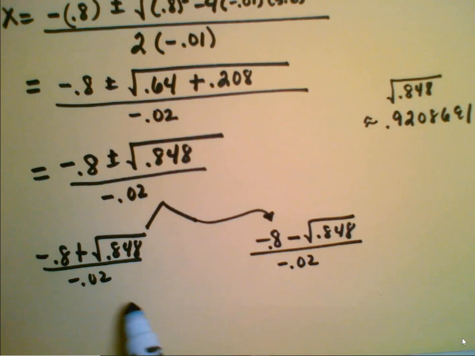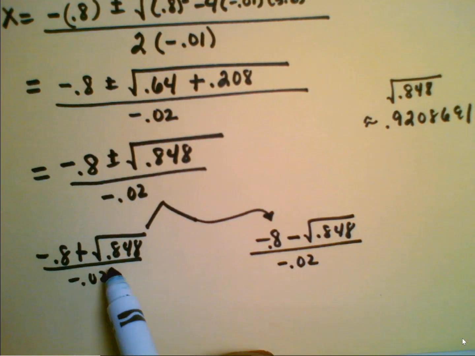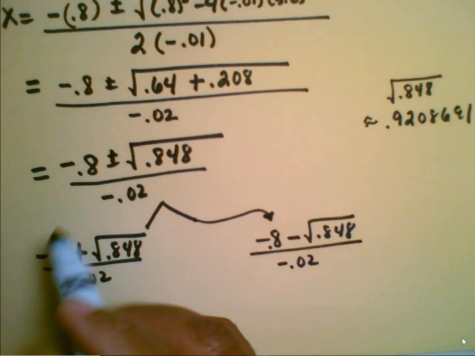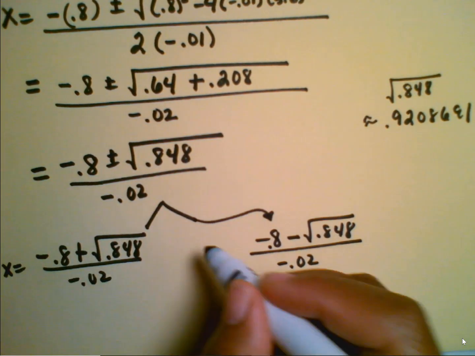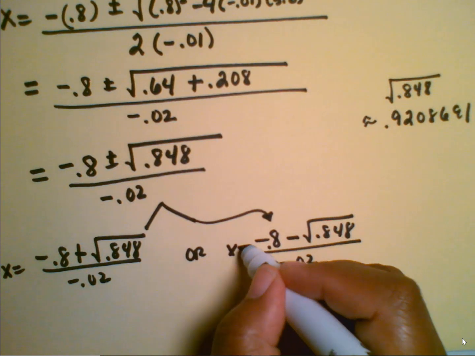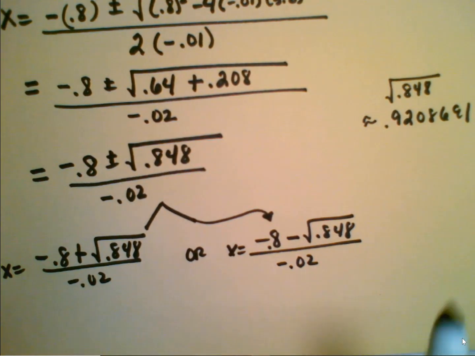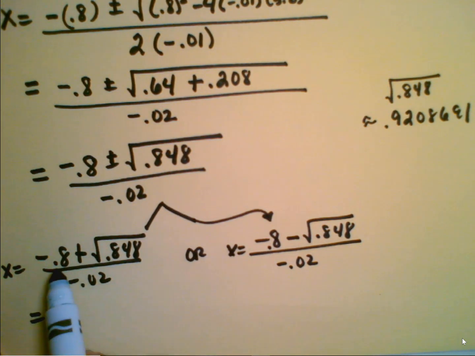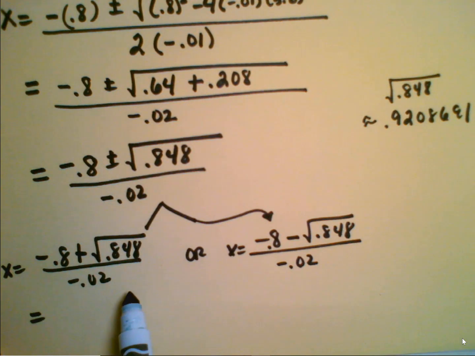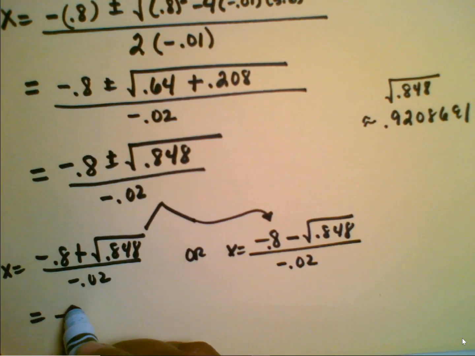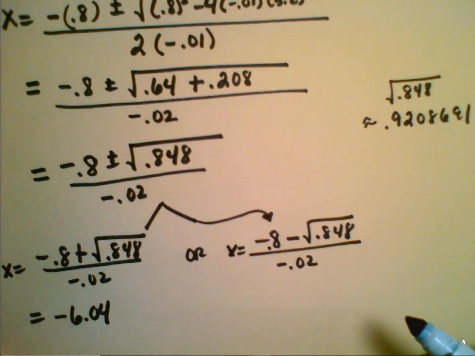So now if you want to, you can plug in where you see the square root. I'll let you calculate everything, but I'm going to give you the solution to it. So our first one, negative 0.8 plus the square root of 0.848 all over negative 0.02 gives us negative 6.04.